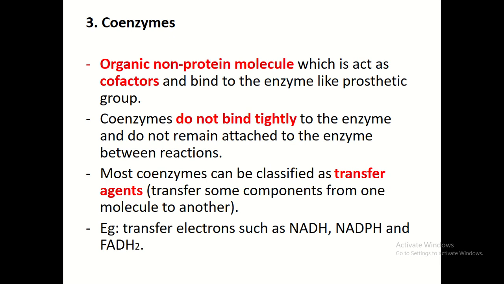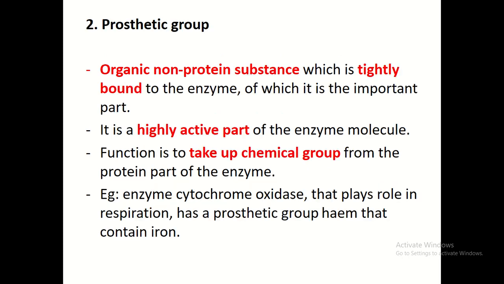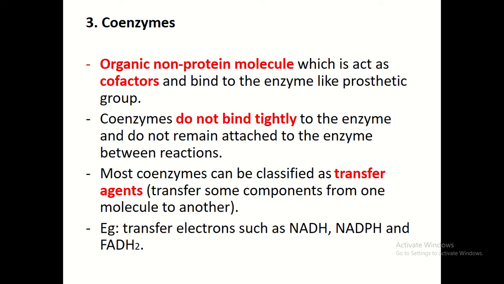Coenzyme is also an organic, non-protein molecule, similar to prosthetic group, and they bind with the enzyme as well. However, the difference between prosthetic group and coenzyme is that prosthetic groups bind very tightly with the enzyme.